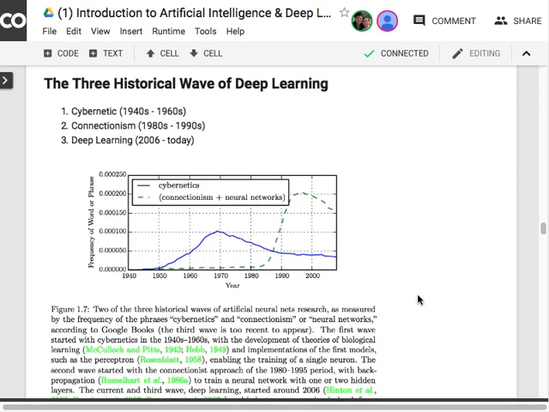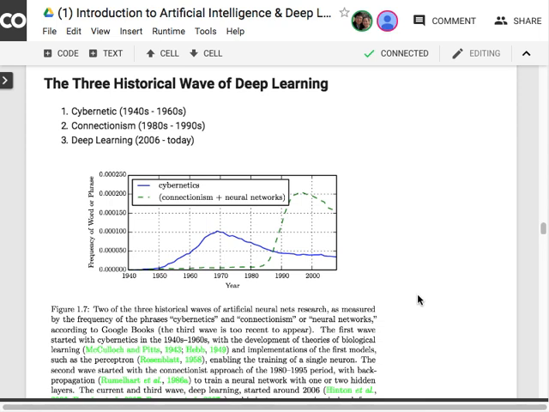And the history of AI, especially for neural networks, has three waves. The first wave is called cybernetics. It started in the 1940s and ended in the 1960s. After that, no one was interested in neural networks for 20 years.